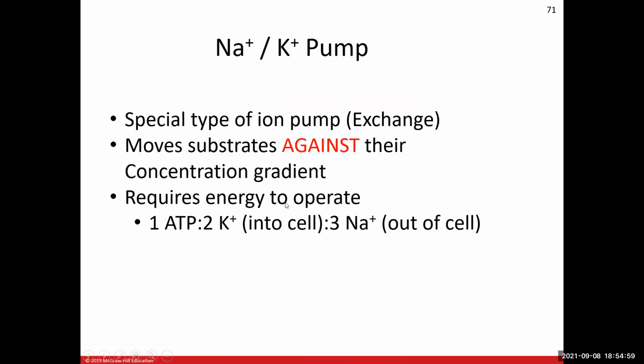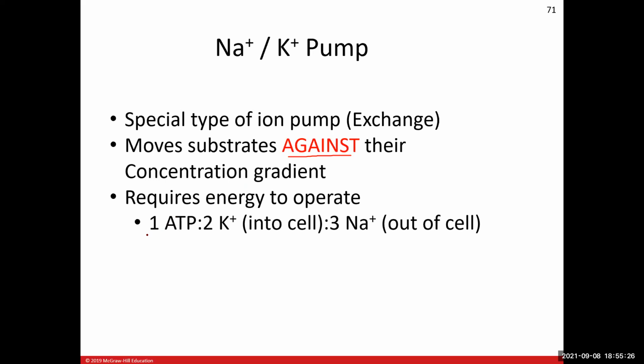We'll get into more details about that. But again, this pump is going to move those ions, potassium and sodium, against their concentration gradient. So there's more sodium outside the cell than inside the cell, but yet this pump pushes sodium from the inside of the cell to the outside of the cell. So it moves against its concentration gradient.